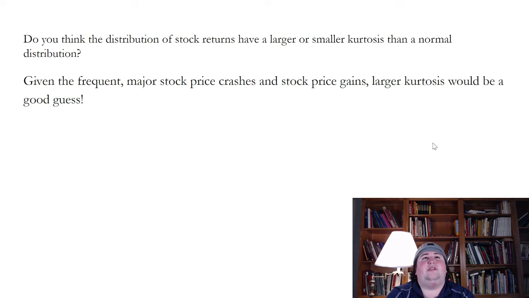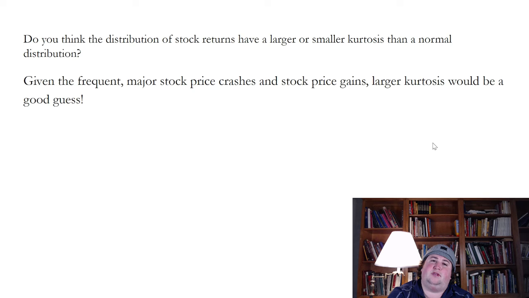Okay. Do you think the distribution of stock returns have a larger or smaller kurtosis than a normal distribution? So you'll remember that I think it's 95% of the normal distribution is within like 2 standard deviations of the mean, right?